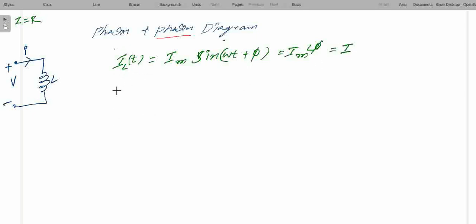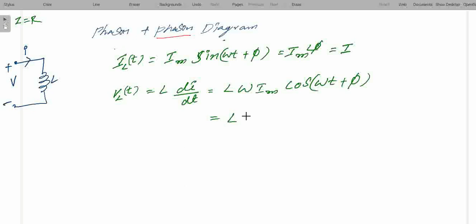But what is the voltage across the inductor? VL of t is equal to L into di by dt. If you differentiate this IL of t, you will get L into omega into Im into cos(omega t plus phi).